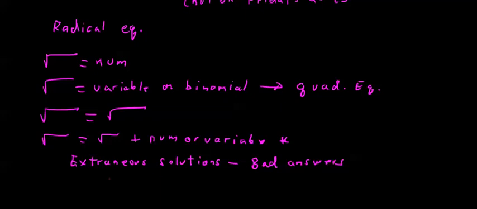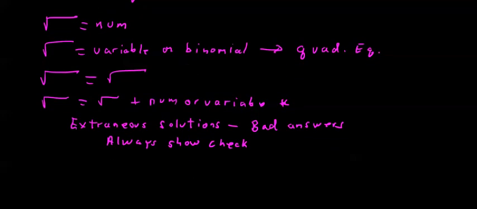Because of this, we always check. Always show the check. If you have two answers, you have to do the check twice. All right? But we're always going to do a check. So let's look at a very simple equation and then a couple that aren't so simple.